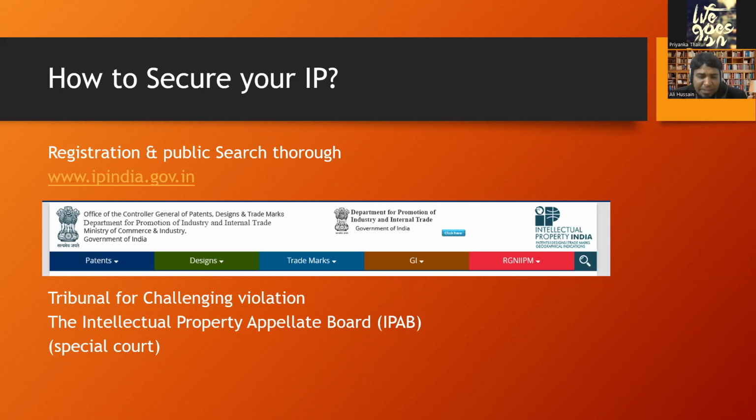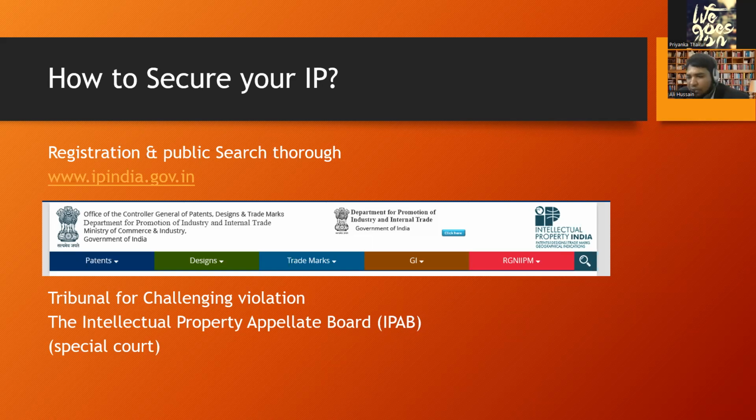Next, once you develop it and have got the patentee rights, then you have complete power over it. If there is still a violation, then in India we have a primary tribunal. That tribunal means special courts, called the Intellectual Property Appellate Tribunal, which is there in every major city of India.